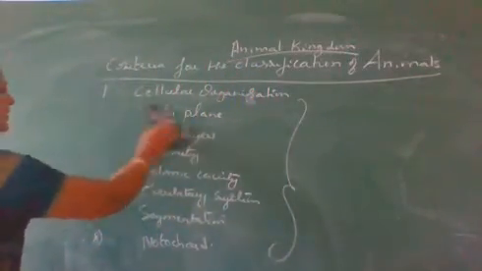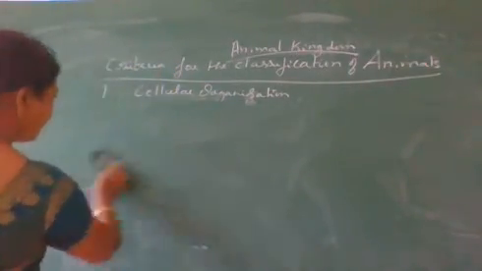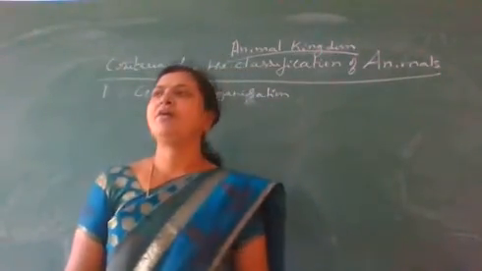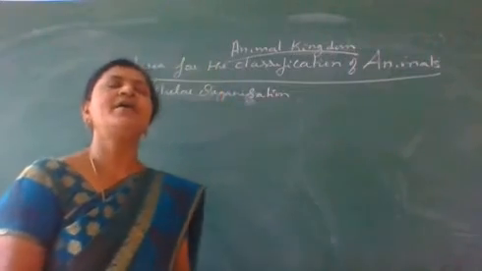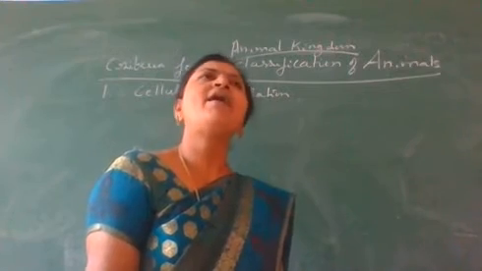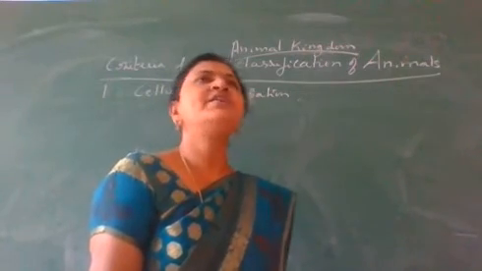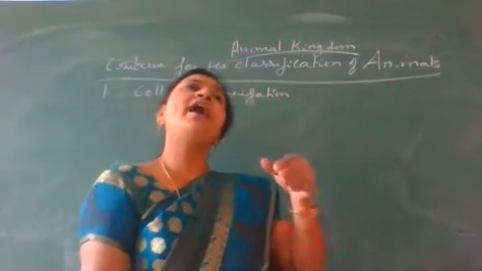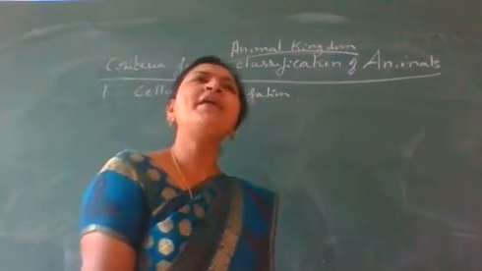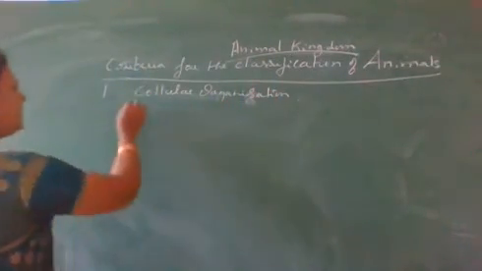So under that, the first one is cellular organization. Now, even though all the animals which come under the kingdom Animalia are called metazoa, commonly multicellular, even though the animals are multicellular, they show different types of cellular organization.